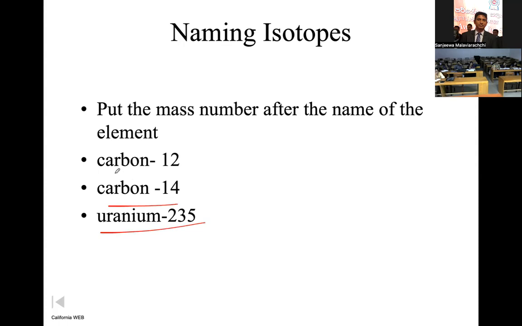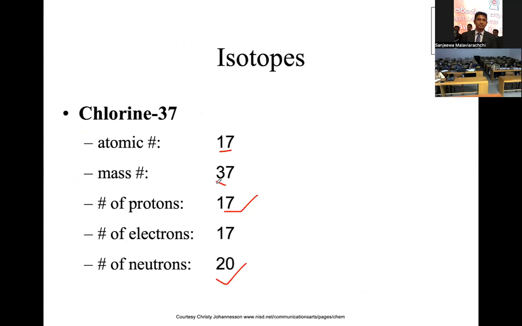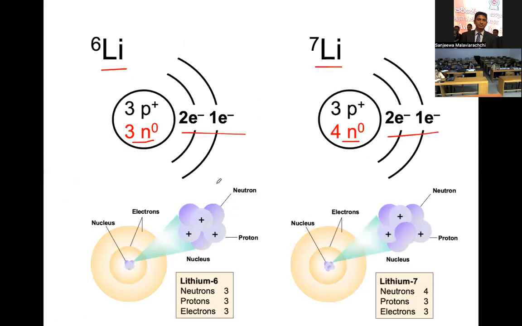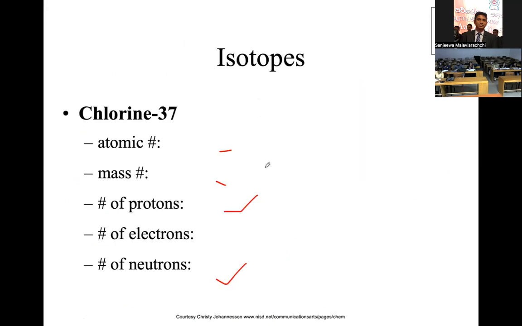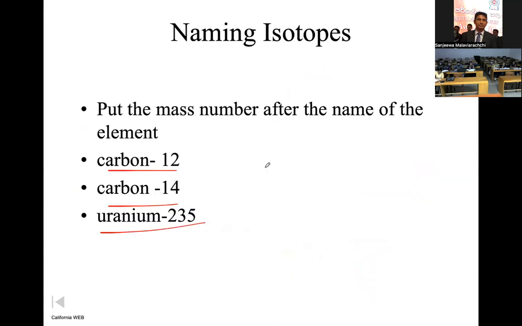You can put the mass number there. I think you can remember. Different isotopes, so lithium-7, for example, you put the mass number there. This is the mass number. So this is how we name the isotopes. There are so many isotopes.